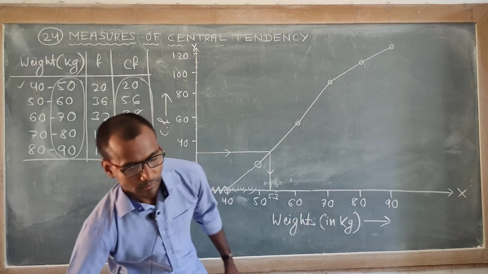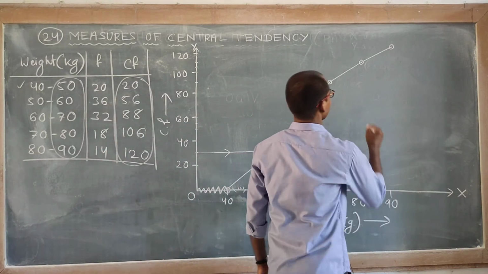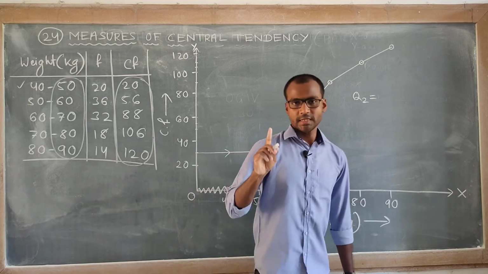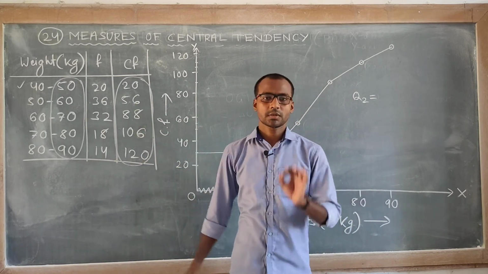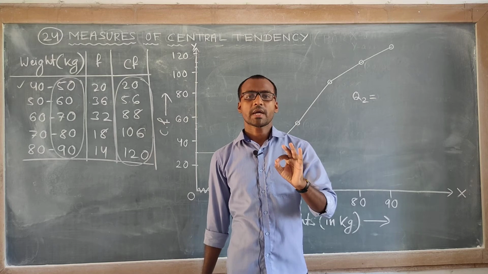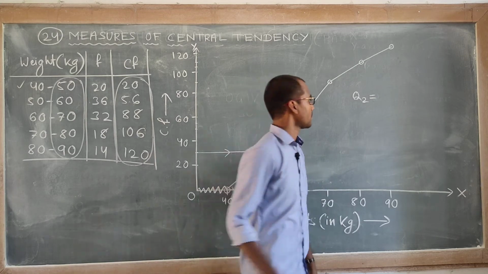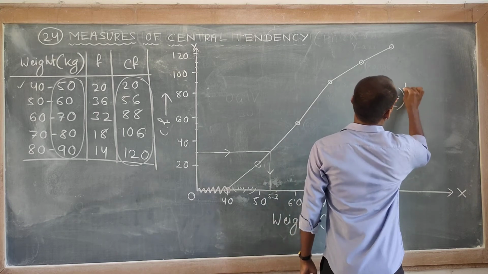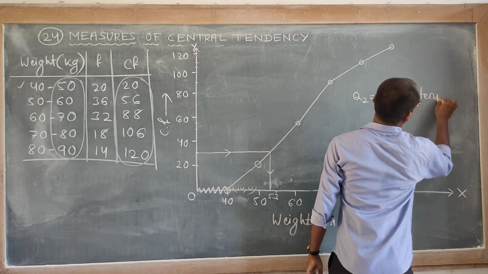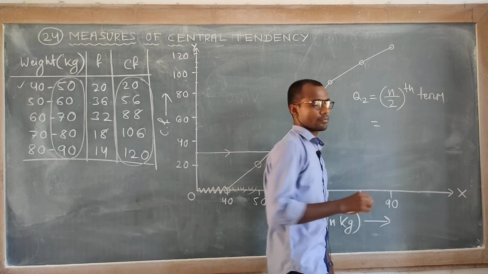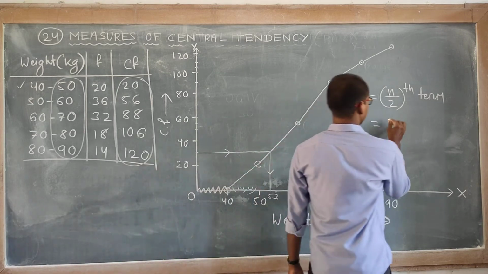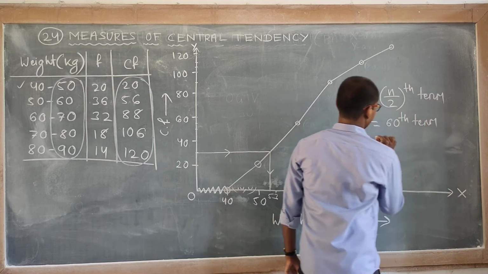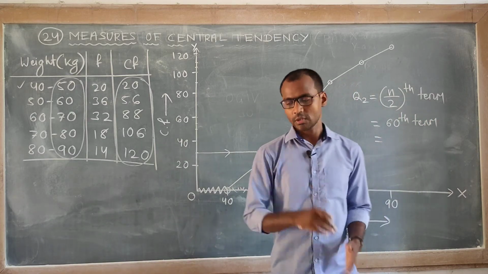Now we will go for median, Q2. N is given 120. So N by 2, because 1 by 2 for median. So N by 2 term means 120 by 2, that is the 60th term. 60th position we have to find.